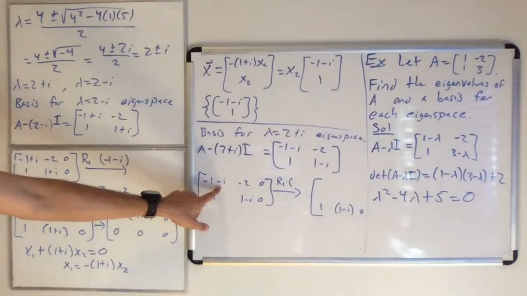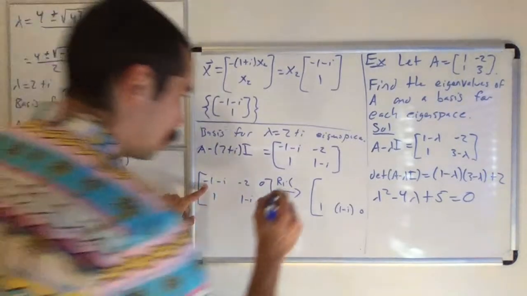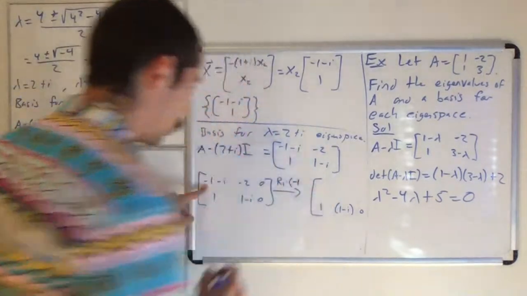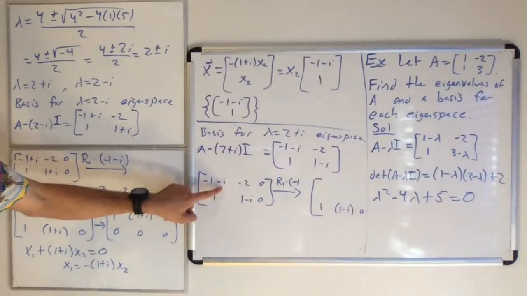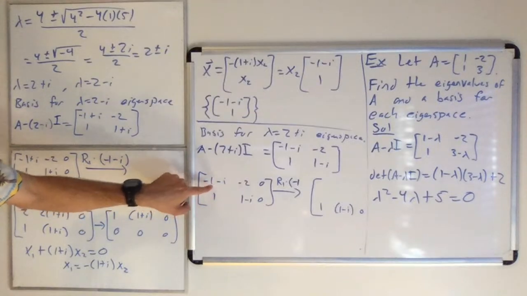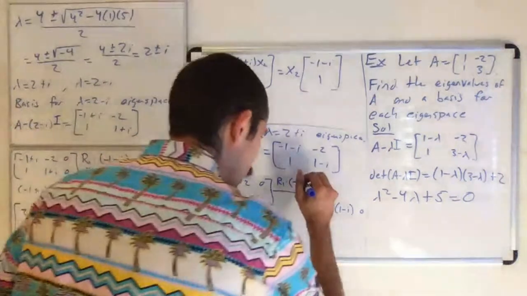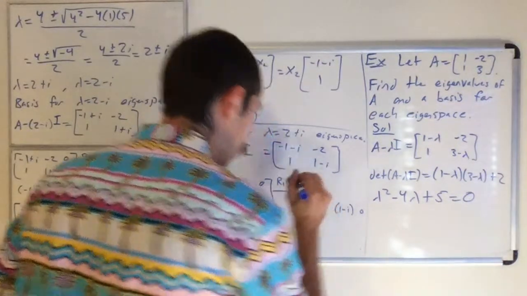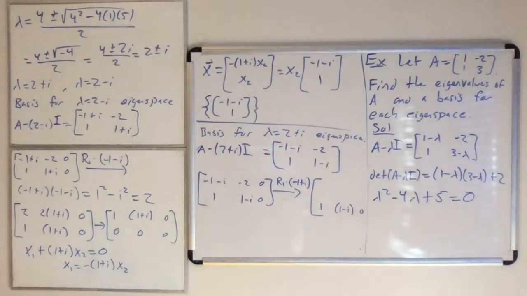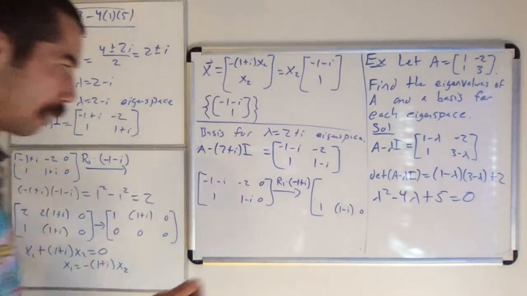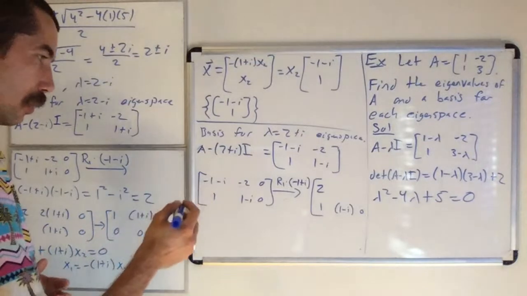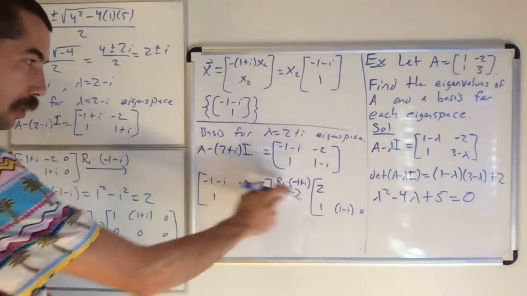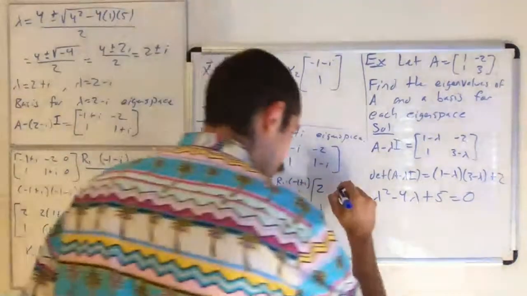The way you get a complex conjugate is you keep the real part the same, and you just switch the sign of the imaginary part. So we started with -1 minus i. The complex conjugate is -1 plus i. So this product, again, will be 2. And this would be 2 minus 2i.